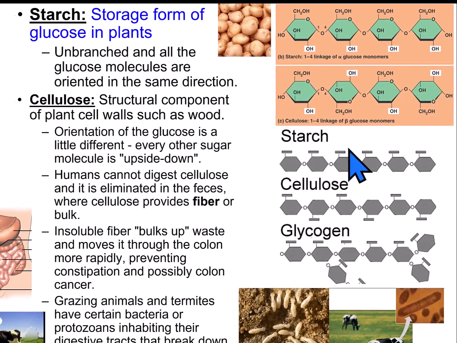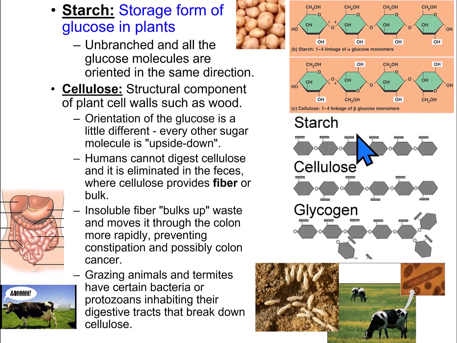Well, when you look at cellulose, cellulose is a structural component of plant cell walls, such as wood. The orientation of glucose is a little different. Every other sugar molecule is upside down. So when you look at cellulose, CH2OH here, the next glucose molecule is down here with a CH2OH. So it looks like this right here, and this here.